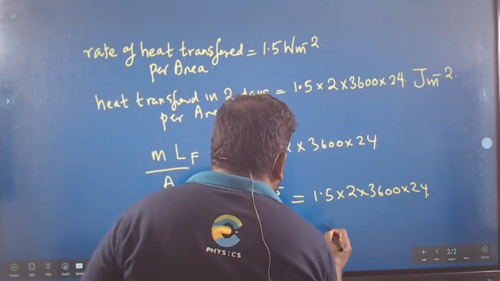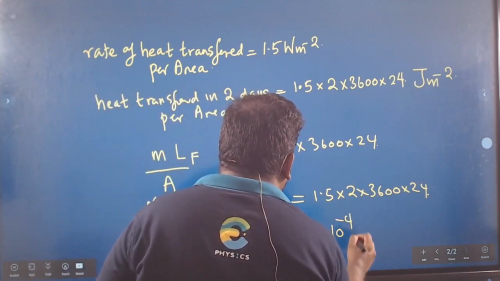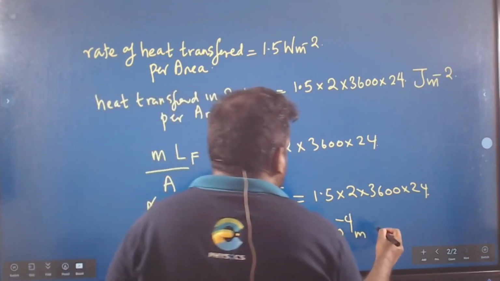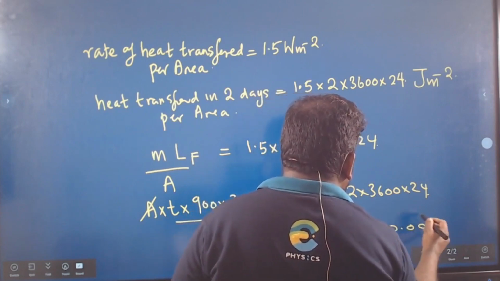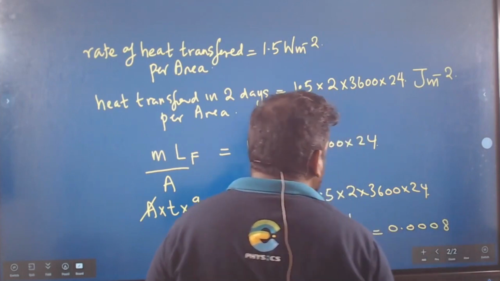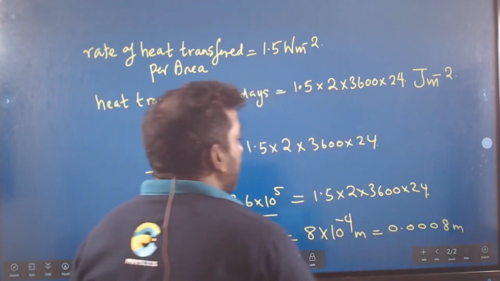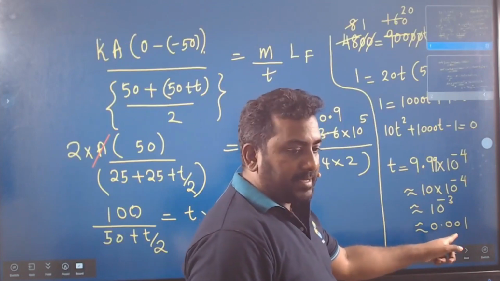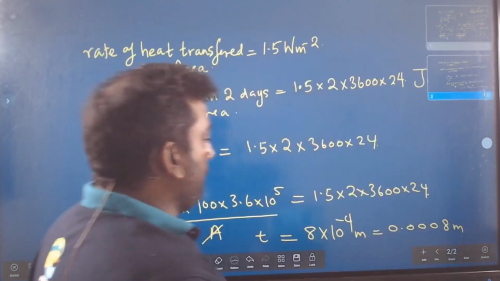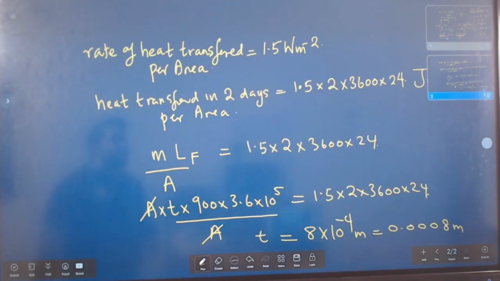So here you will get 8 times 10 to the power minus 4 meter. That's going to be 0.0008. So the earlier one is also not wrong. For the third decimal place it's correct, but to be more specific you can find it here.